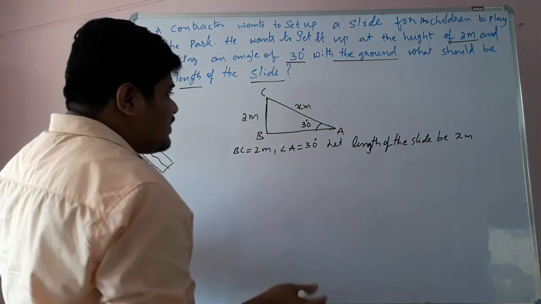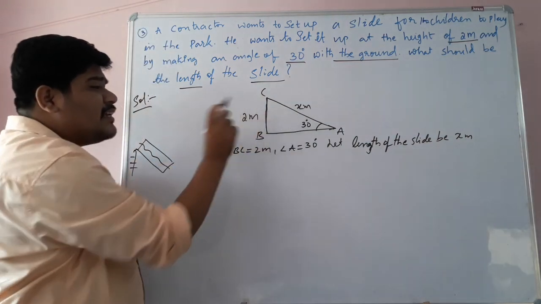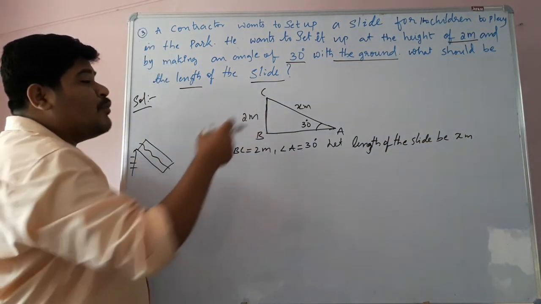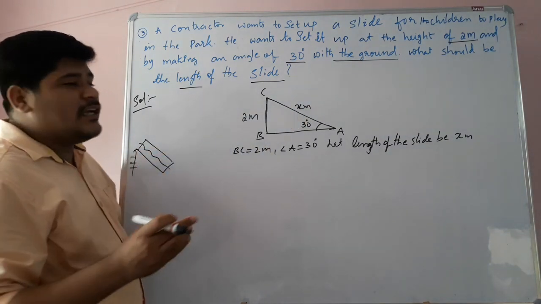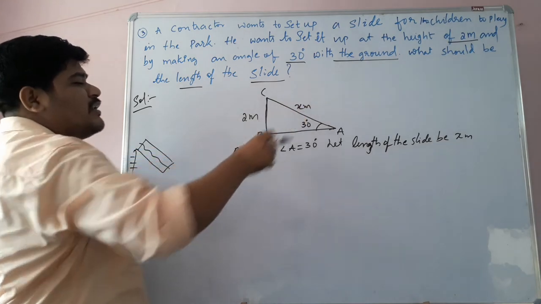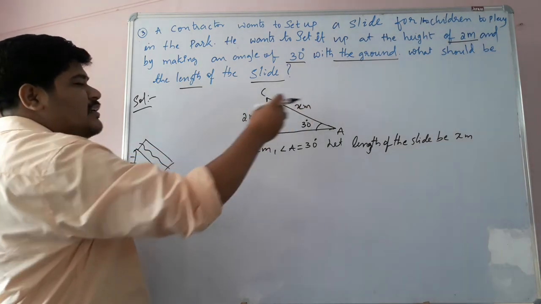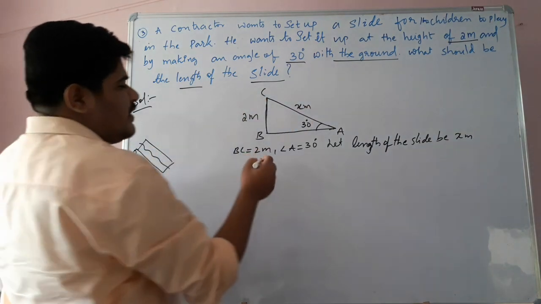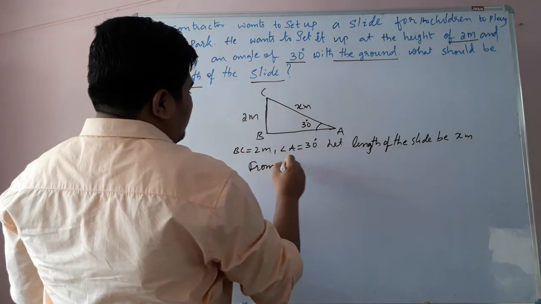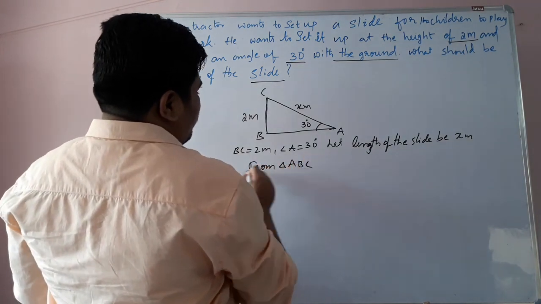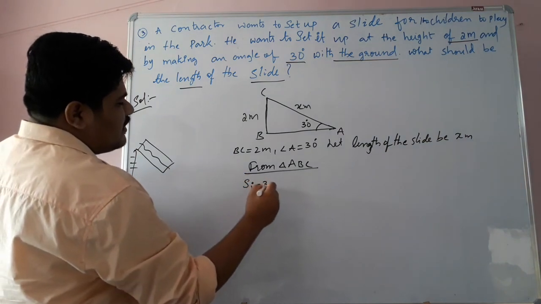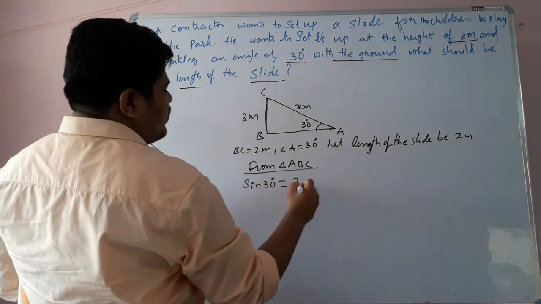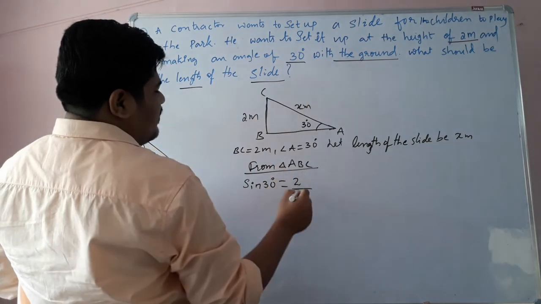Opposite side to theta is given in the problem, and hypotenuse is x meters. So what is the relation between opposite side and hypotenuse with respect to theta? Sin theta. So from triangle ABC, we can write sin 30 degrees is equal to opposite side 2 meters over hypotenuse x.